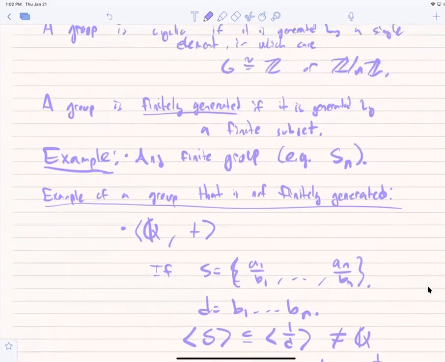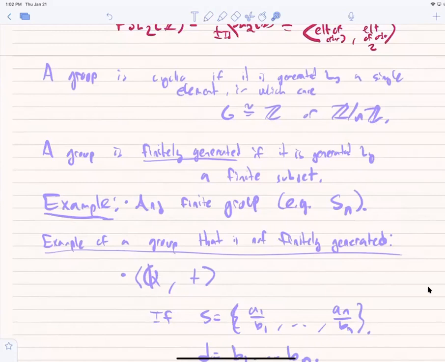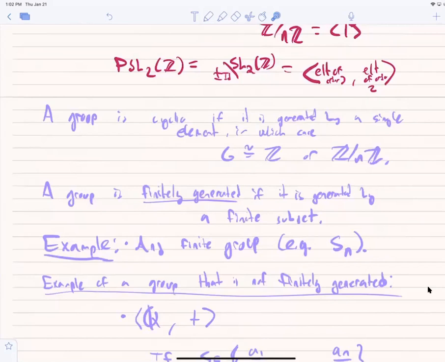In group theory, maybe not as much, depending on the variety of group theory you're doing. A lot of group theory, especially a lot of this class, is just about finite groups, and then you're automatically finitely generated. But once you leave finite groups, the most natural things to consider are things like the real numbers or GLN of R, which are not finitely generated groups, but satisfy other nice properties.